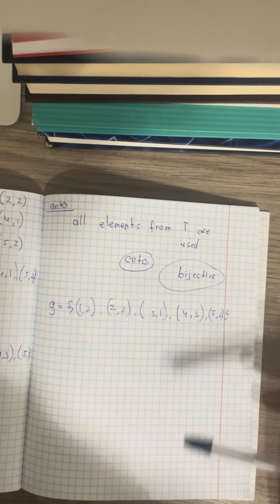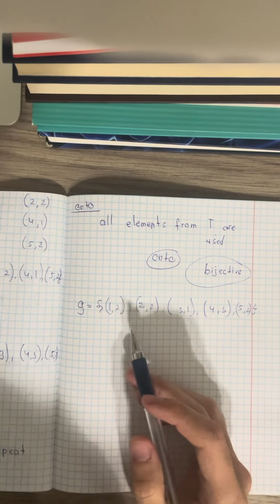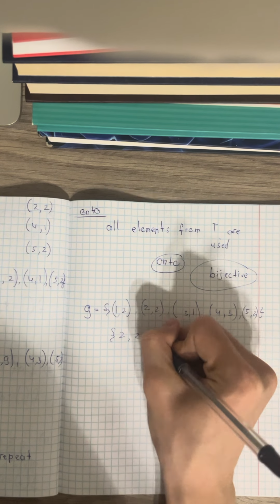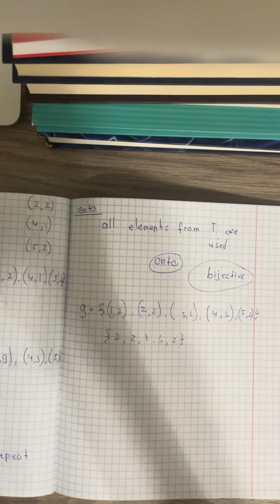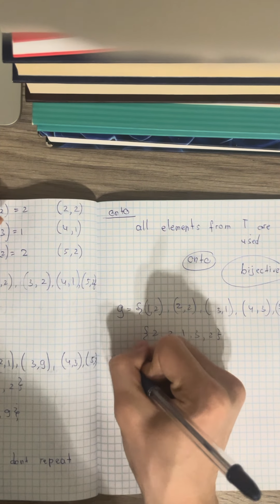So let's write the second numbers: 2, 2, 1, 3, 2. Let's check first if this function is one-to-one.